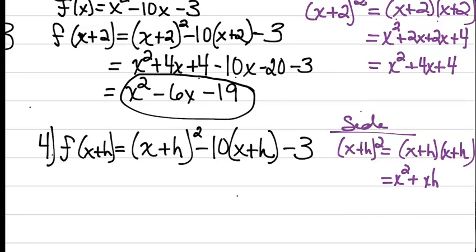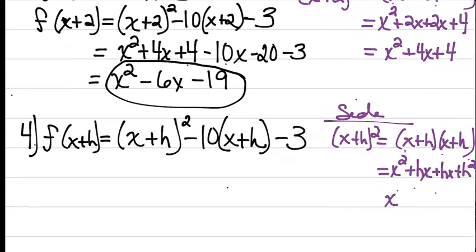So it's x squared plus xh, because x times x is x squared, x times h is xh, but we don't like to write it like that. We like to write the variable part up front. I'm going to write hx. Now I have to deal with that back half, the h times x and the h times h. h times x is hx, and h times h is h squared.